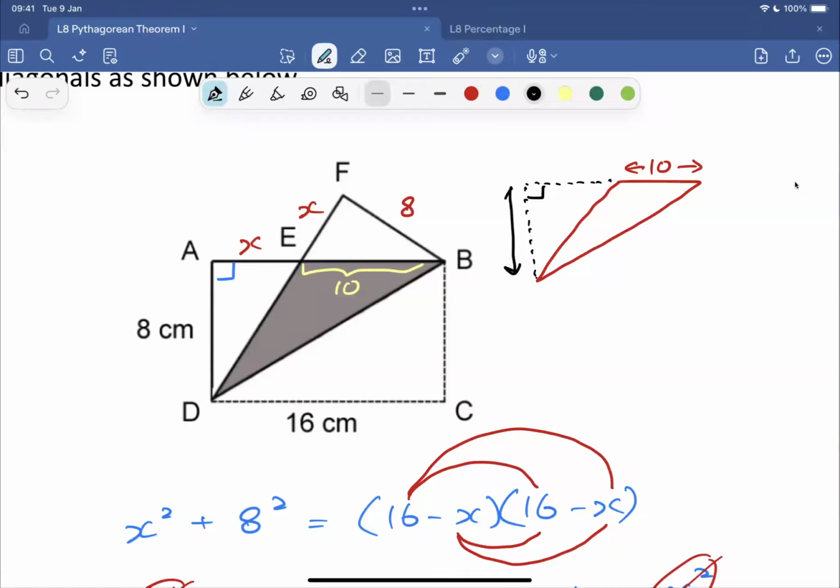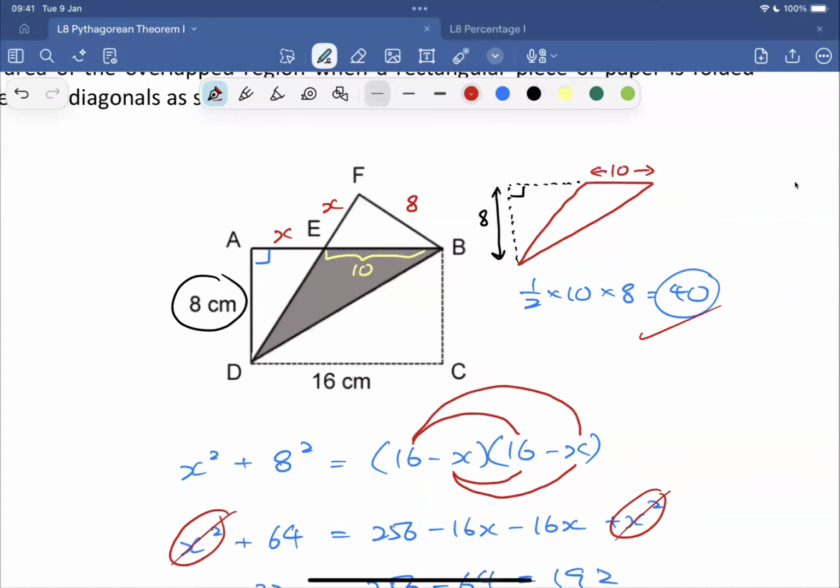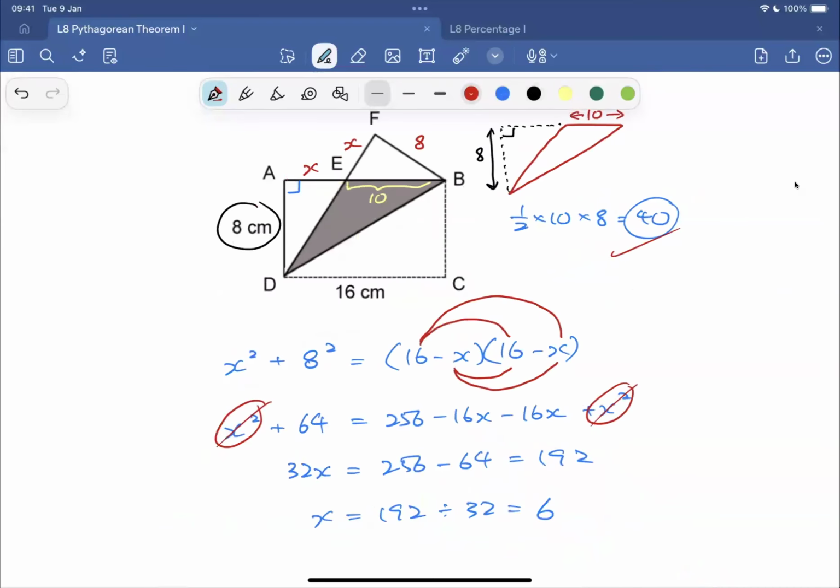So the height is 8. Can you see the height 8? So we are going to find the area, half times the base times the height. And we get the answer, 40. Well done. Anyone have any questions about this?